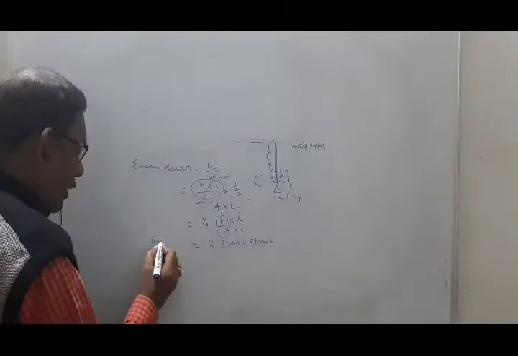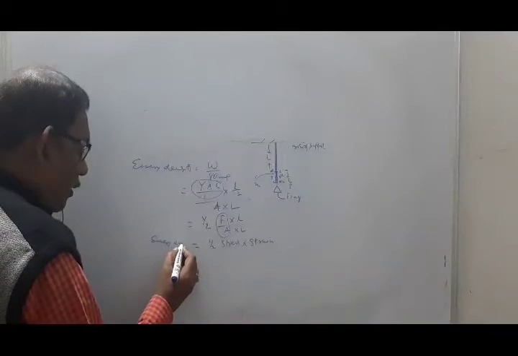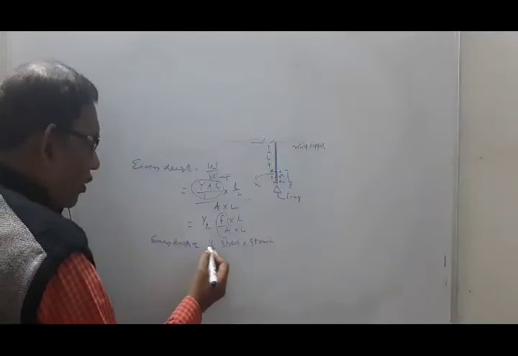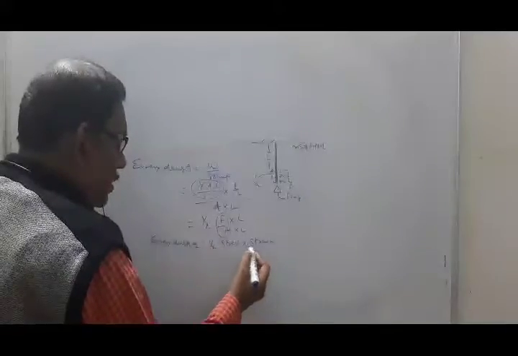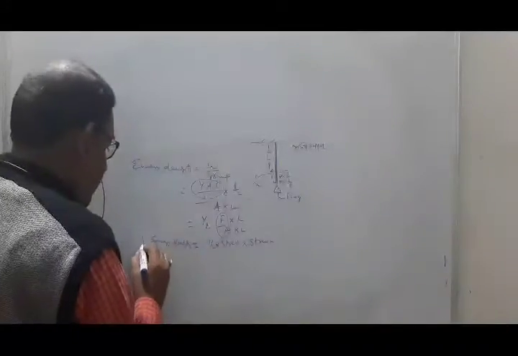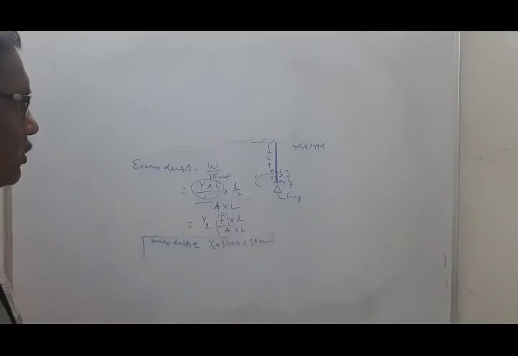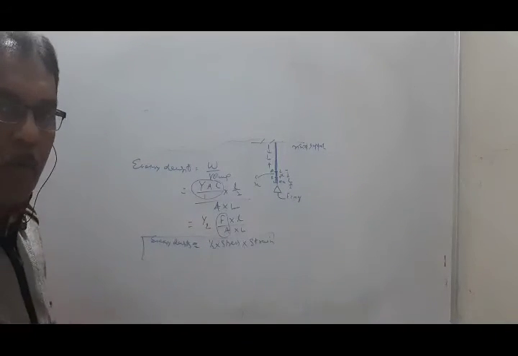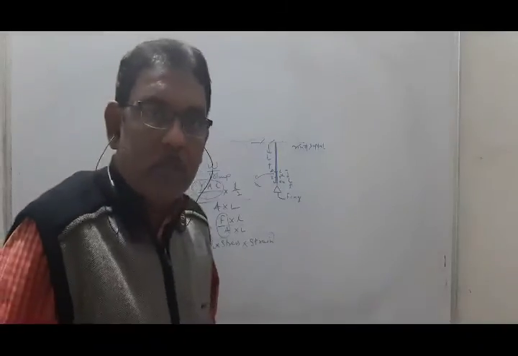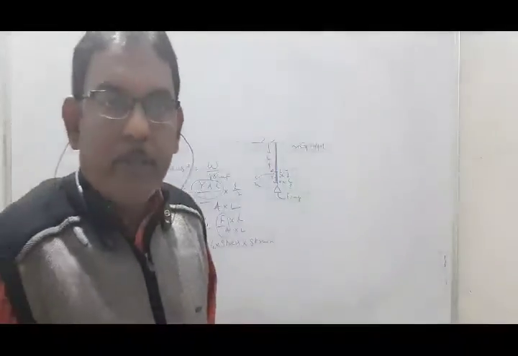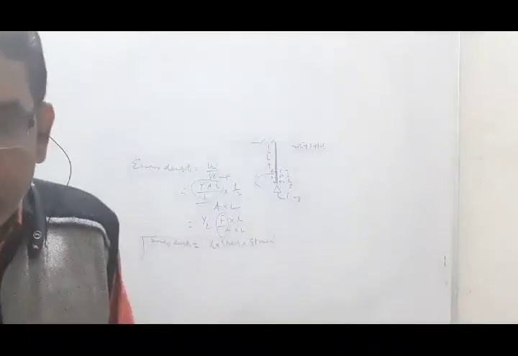So energy density equals half stress into strain. This is all about the work done during the extension of a wire, or the potential energy stored in a wire during its extension.